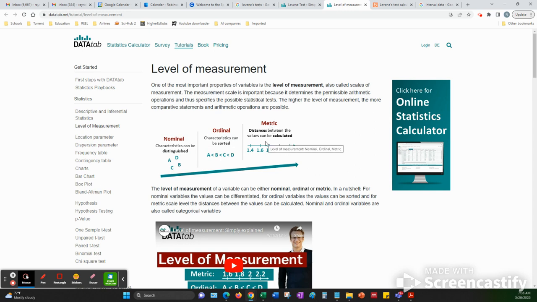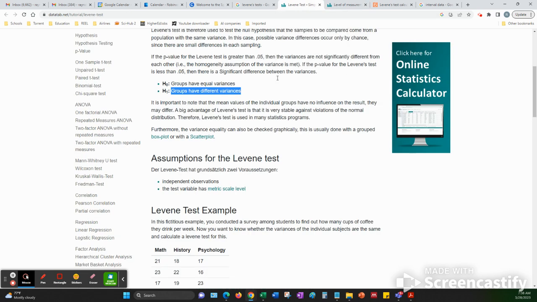They don't use the idea of interval or ratio, but interval and ratio data fall under metric, right? So when they use the term metric, think interval and ratio. And if there's an absolute zero in there, then we're going to go with ratio. If there are equal distances, then we can consider using interval data.